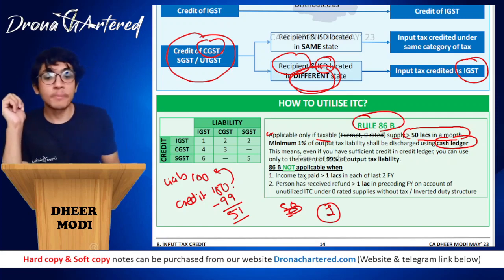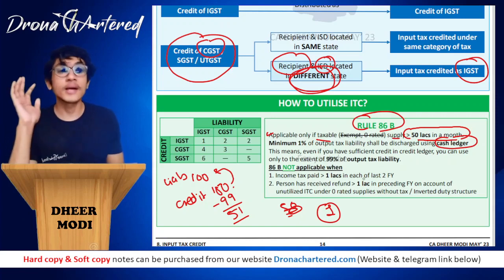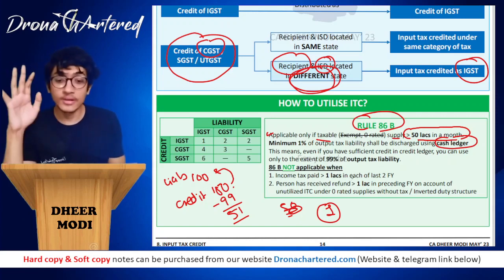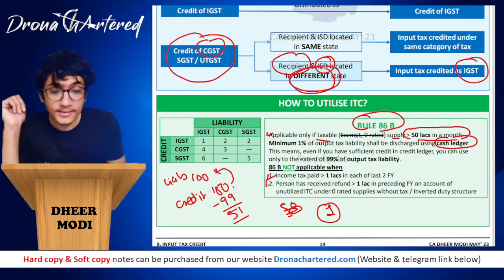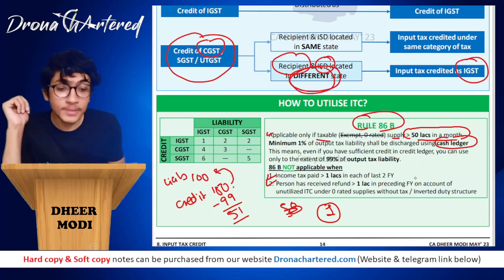86B will not be applicable when income tax paid is greater than 1 lakh in each of the last 2 financial years. And next, if any person has received a refund greater than 1 lakh in the preceding financial year on account of unutilized ITC under zero rated supplies.